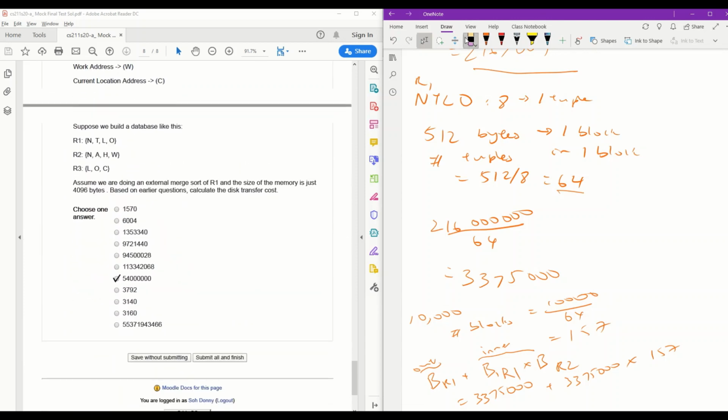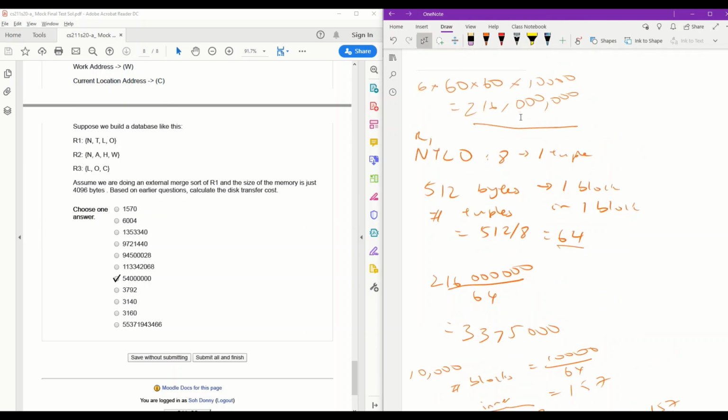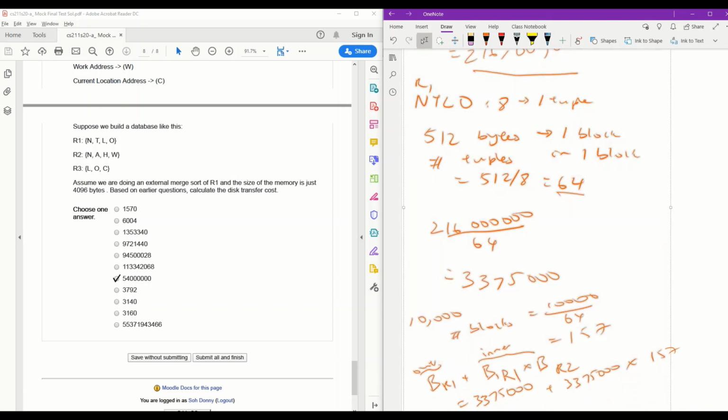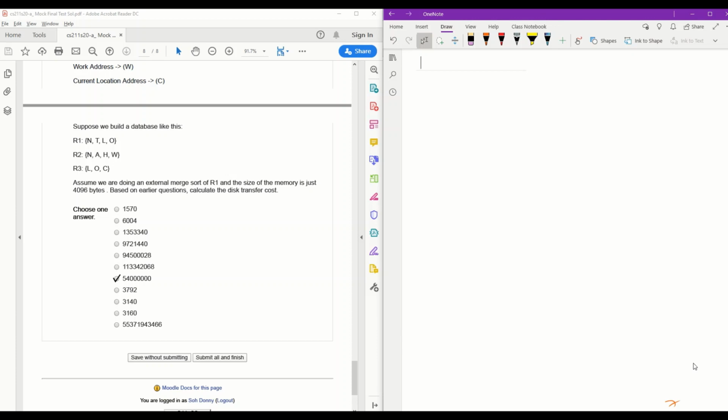Okay, for this last question, I don't know why I put in the wrong value for the log, and so unfortunately the choices did not include the solution. I've already edited the question, as you can see from here. When we calculate a question like this, we have this piece of information on the memory, which is 4096.